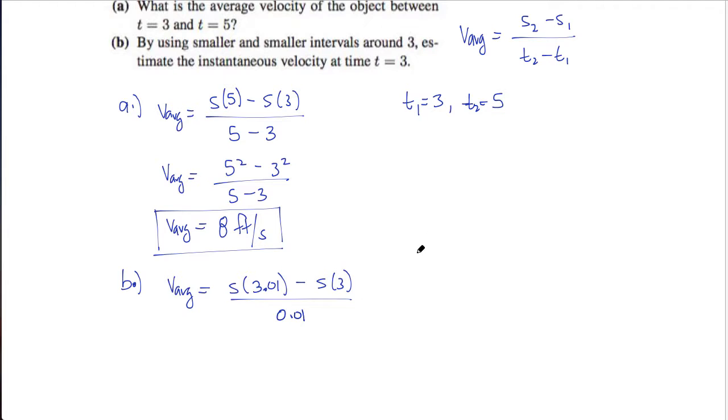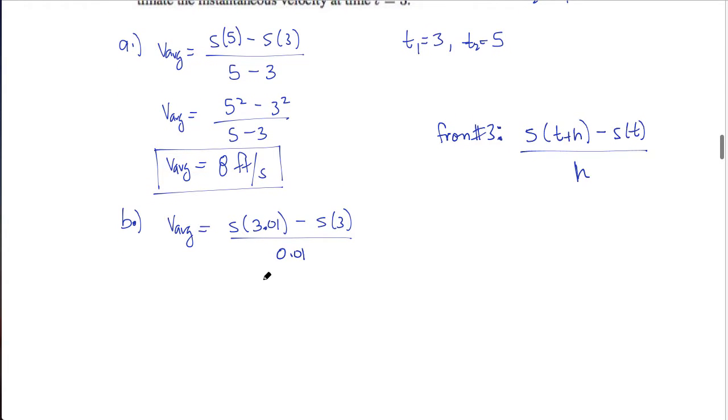From number 3, we derived s of t plus h minus s of t over h, and h was just some little difference from t. In this case, I picked a very small h of 0.01.